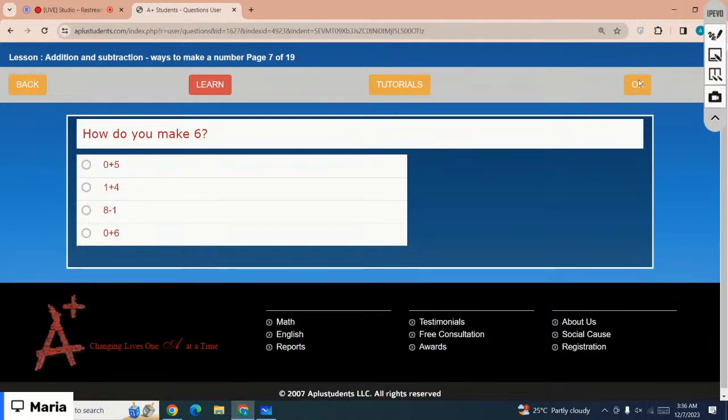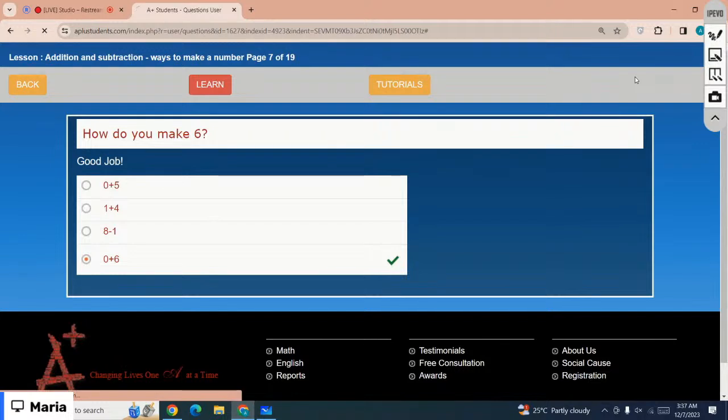How do you make 6? Which is the correct option? Yes, the correct option is 6 plus 0, that makes 6, right?